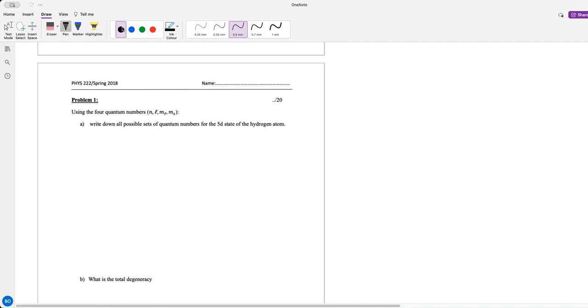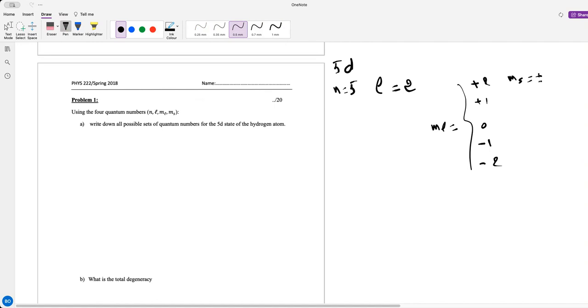What is 5? n equals 5, and l equals 2. If l equals 2, then m is equal to plus 2, plus 1, 0, minus 1, minus 2, and then ms is equal to plus minus 1/2.